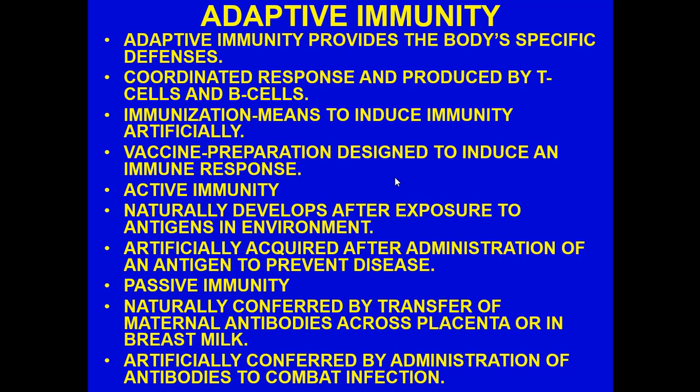You can get active immunity by either being exposed to the disease, the antigens in the environment, or artificially acquired by the administration of an antigen in the form of a vaccine to prevent the disease. The administration of the antigen teaches the immune system, when you see this, defend against it. And this response has to be both T cell and B cell oriented.